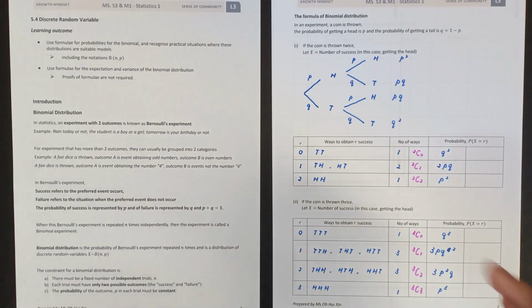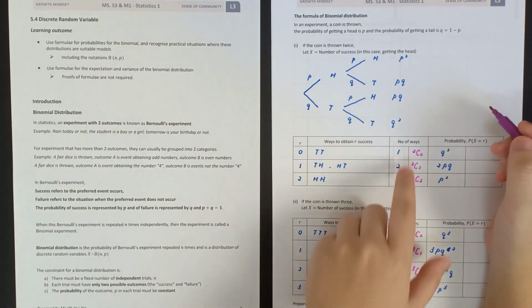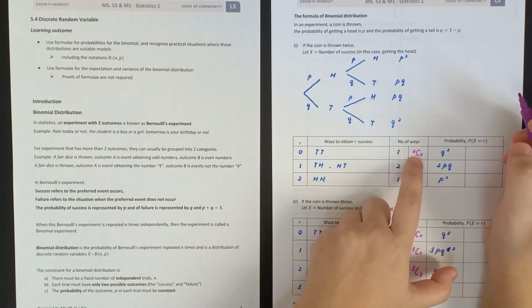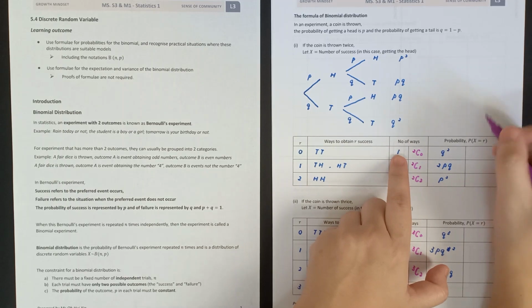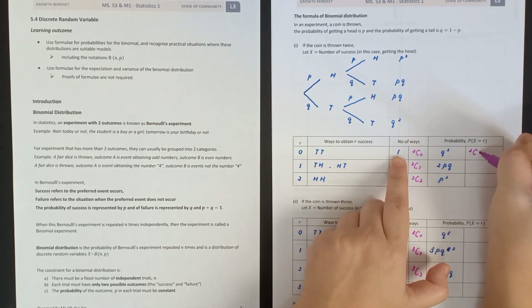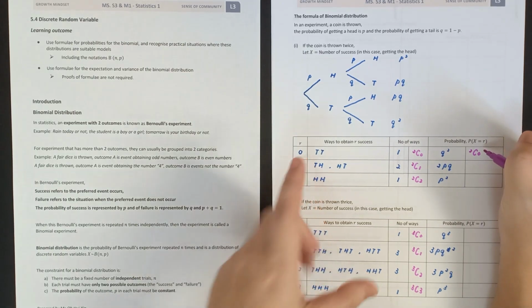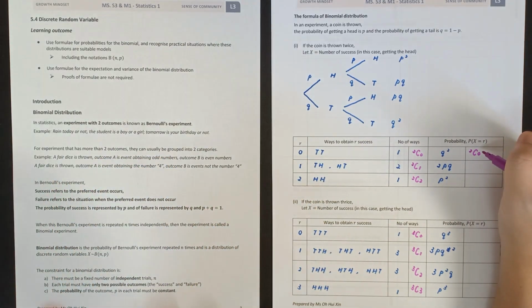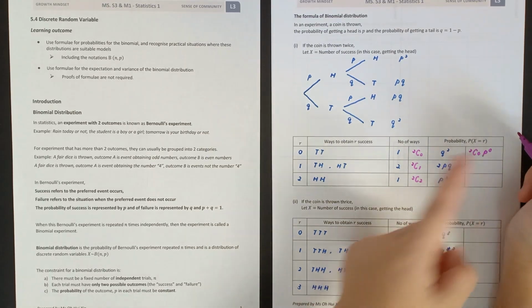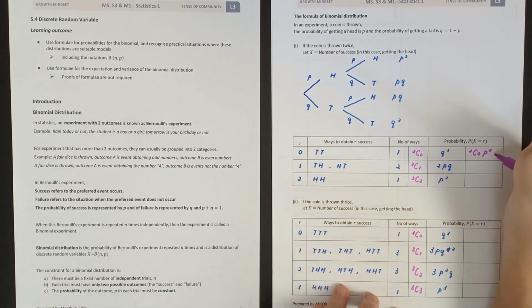Okay, so now let's look at the probability here. What you can realize here is I use 2C0, which is 1. So with 2C0, if I get 0 heads, the probability of getting p is 0, so that's p^0. 2C0 gives me 1, p^0 gives me 1.